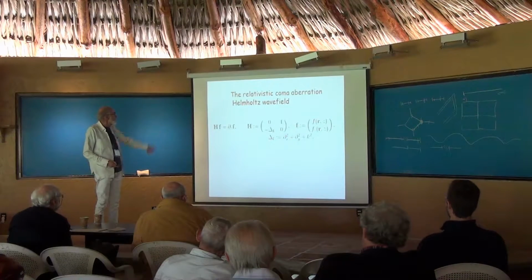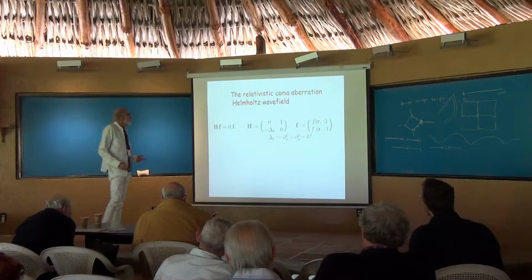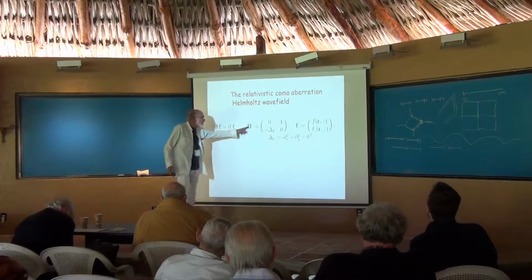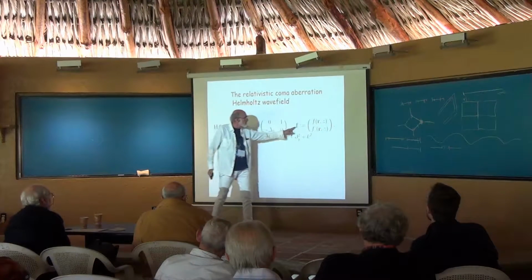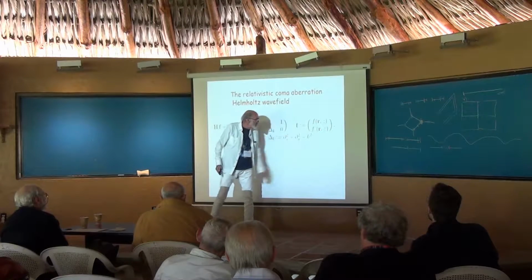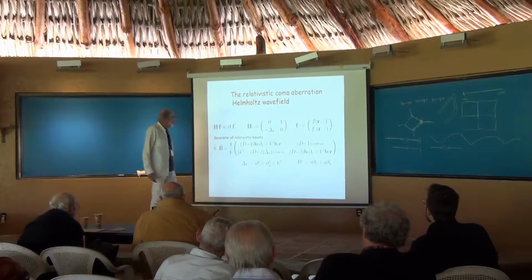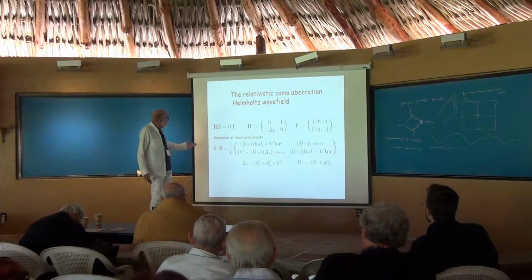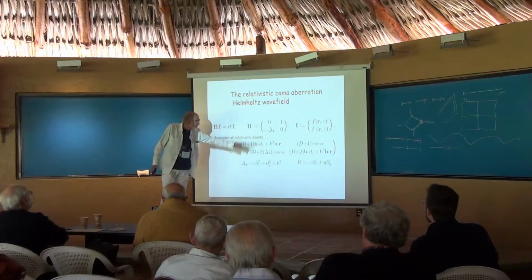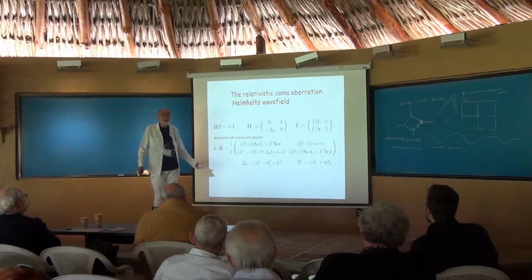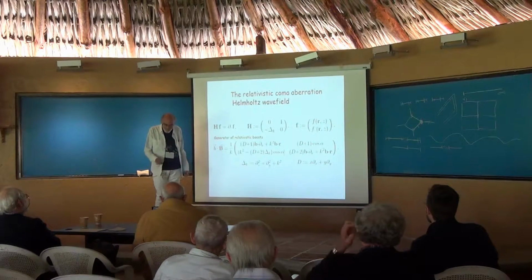Now, for the Helmholtz wave field, your Hamiltonian has this form. This is a second-order differential operator. Your functions are value and normal derivative. So the generator of relativistic boosts looks like this, and all you have to do is exponentiate this.